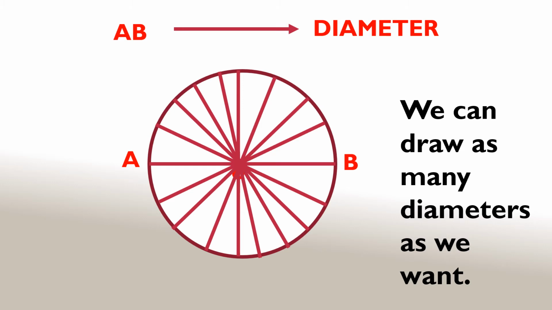Such line segment forms the diameter of the circle, and here you can easily understand that AB is twice the radius because OA is one radius and OB is the second radius. So you have two radii in one diameter. So AB is also equal to 2 into radius of the circle.